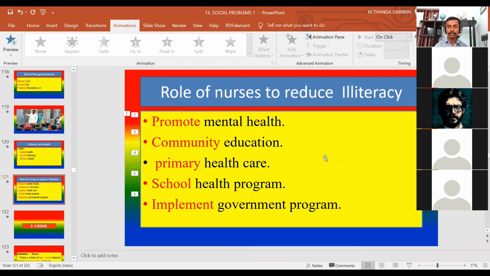Every healthcare program is linked with literacy programs. Mainly village health nurses, community health nurses, and professionals visit every village and every family, identify the children who are not able to get educated, inform the government, and provide opportunities for free and fair education to eradicate illiteracy.